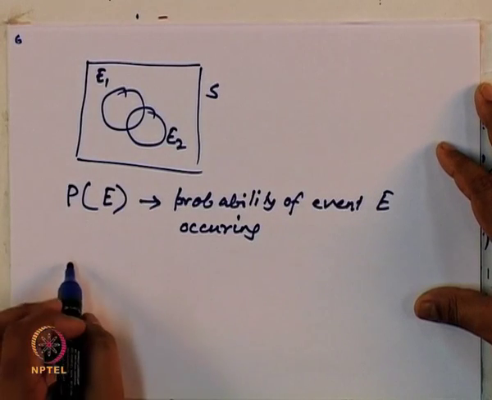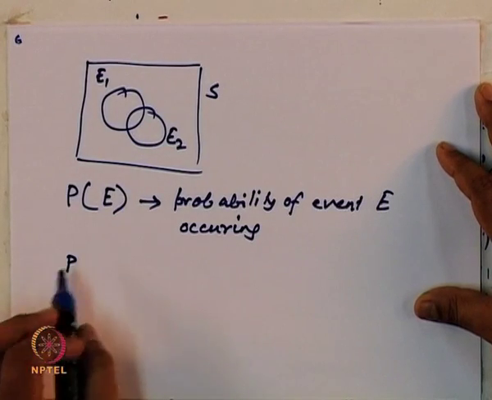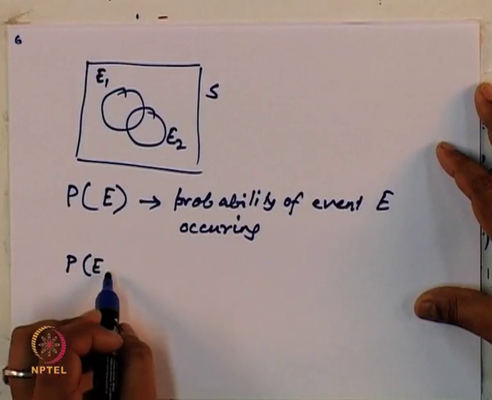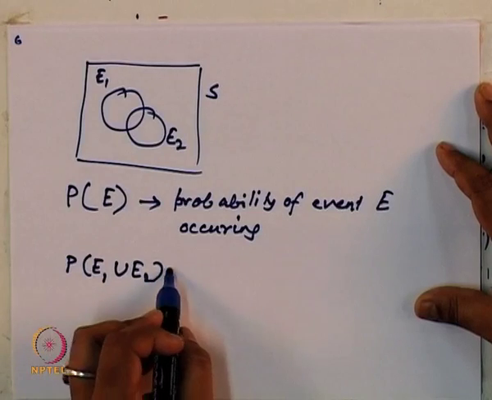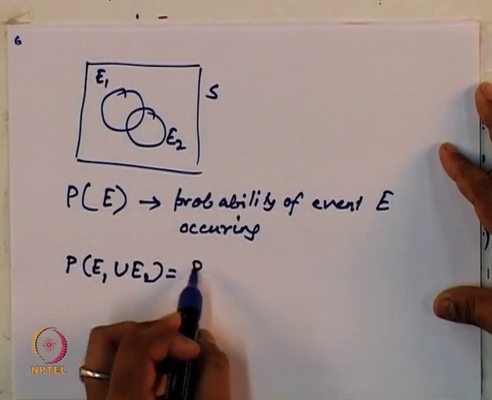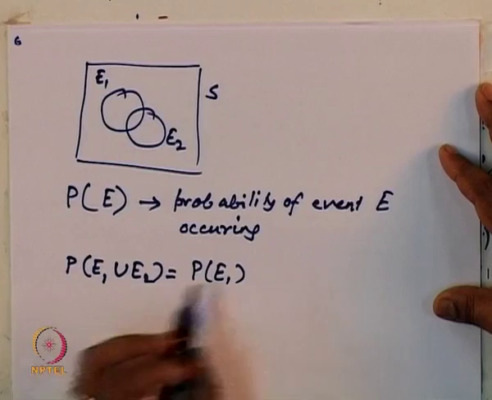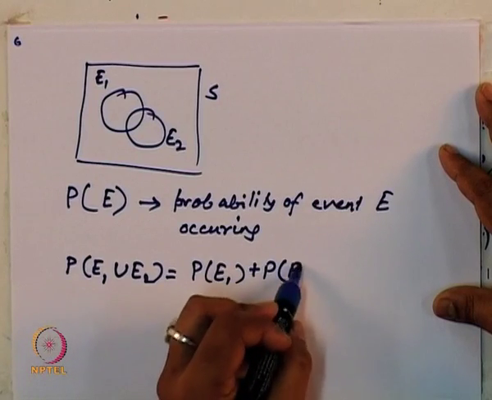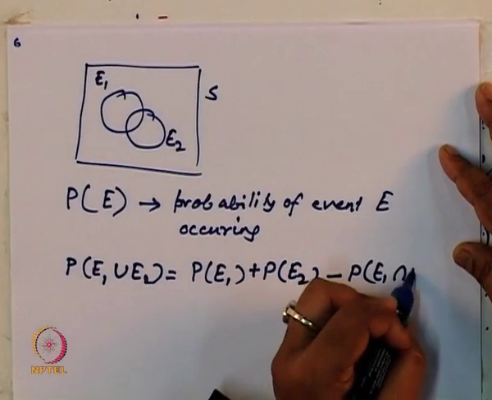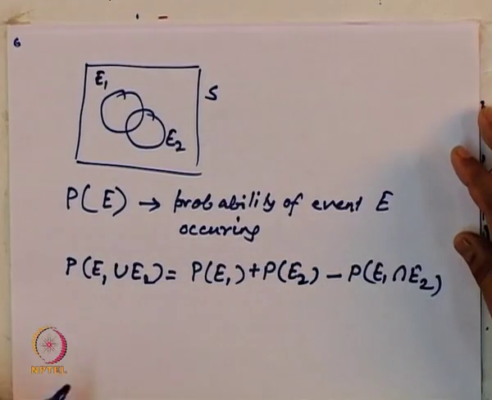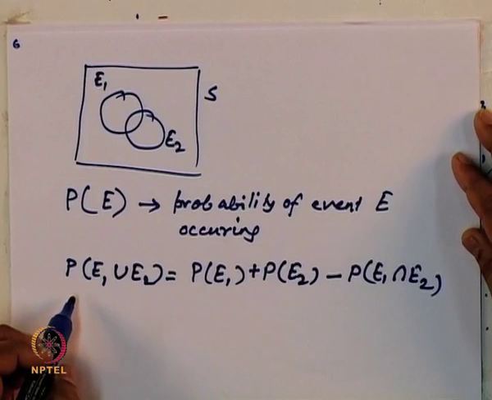So, probability of E1 union E2 is given by the expression probability of E1 plus probability of E2 minus probability of E1 intersection E2. Let us see how we can get this expression.